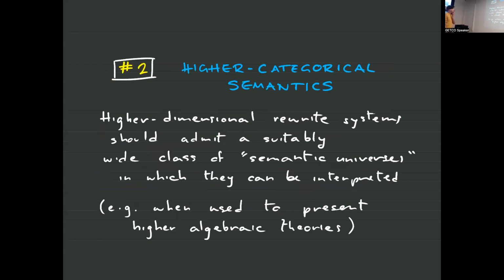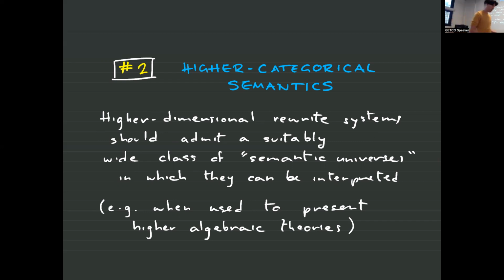And finally, another problem is that, as suggested by the idea of embedding term rewriting systems such as presentations of algebraic theories in this context, rewrite systems usually also want to be interpreted in a certain way. Like a presentation of an algebraic theory wants to have interpretations as models of that algebraic theory.